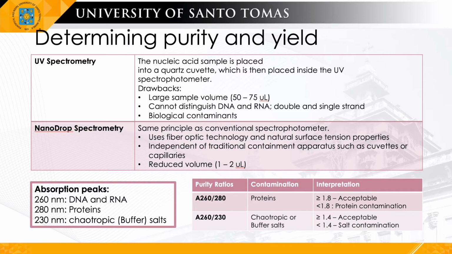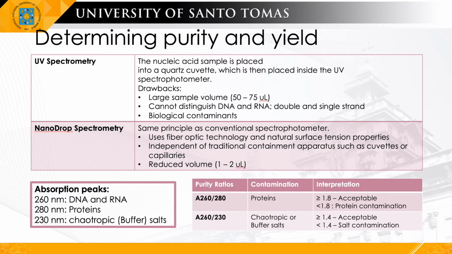Nanodrop spectrophotometry uses the same principle as your conventional spectrophotometer. It uses fiber optic technology and natural surface tension properties to capture and retain minute amounts of sample independent of traditional containment apparatus, such as the cuvettes and the capillaries.